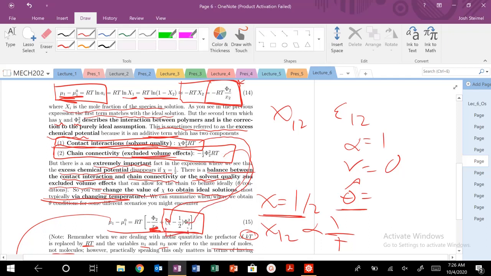This whole term is called the excess chemical potential. So the excess chemical potential gives us our solvent quality and excluded volume. When those two equal out, when there's no excess chemical potential, we recover our ideal conditions. That's what we've discussed previously.